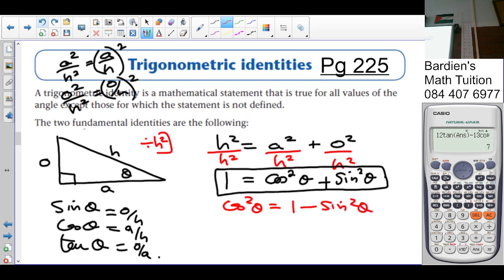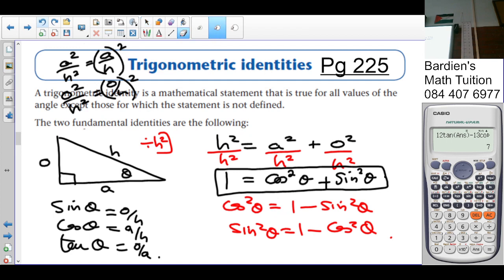On the other hand, sine squared theta is equal to 1 minus cos squared theta. That is derived from the original formula. Okay? You guys understand? So sine squared theta plus cos squared theta is 1.